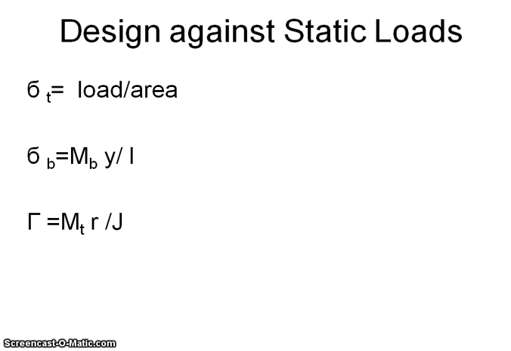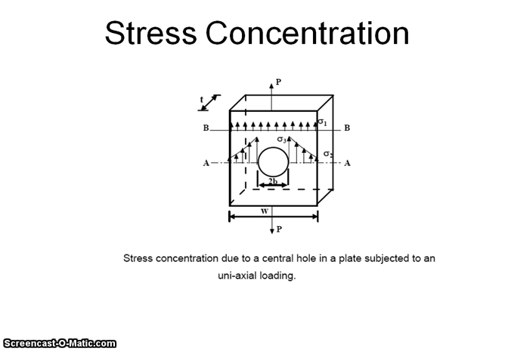Now consider a simple plate subjected to a tensile load. This plate has one hole at the center. When this plate is loaded by a load P, and we observe the stresses by the photoelastic method, it is observed that the highest stresses are near the vicinity of this hole.